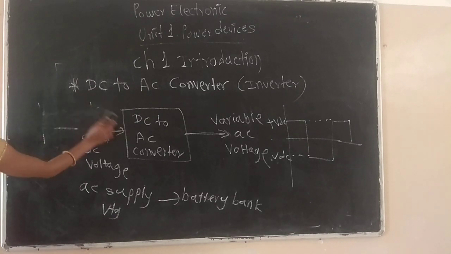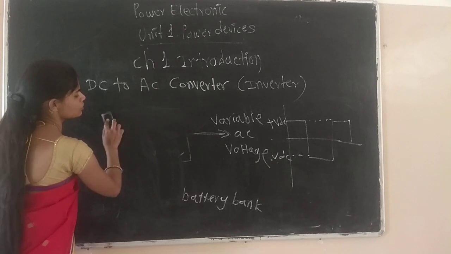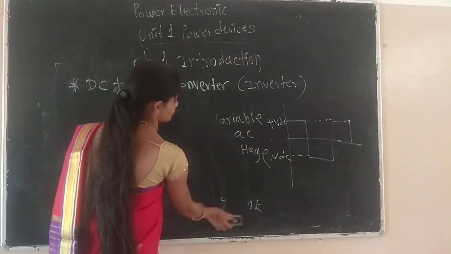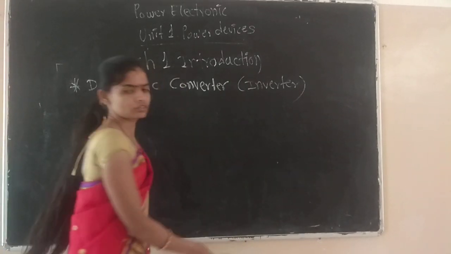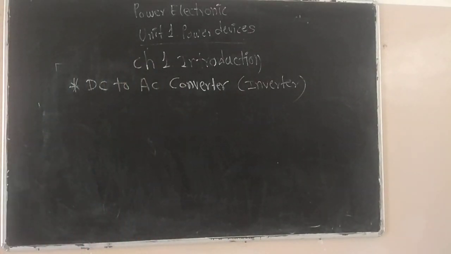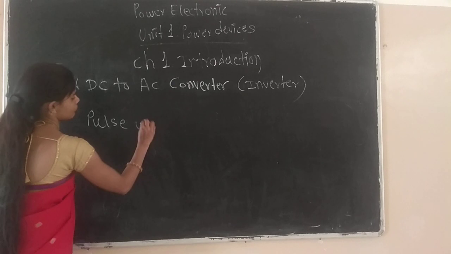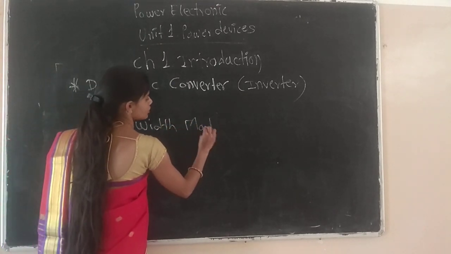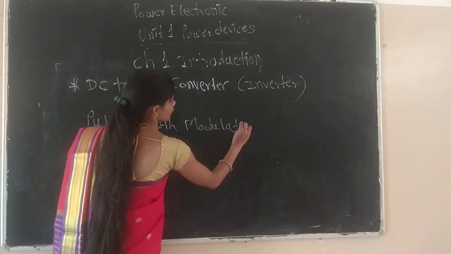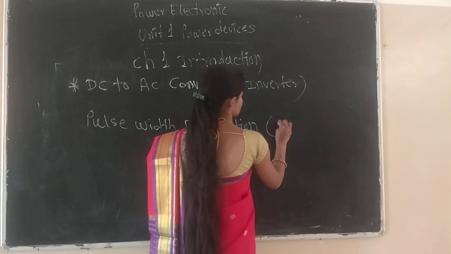And this inverter we use in UPS. These are examples of inverter. Pulse width modulation, PWM, is a special type of inverter.